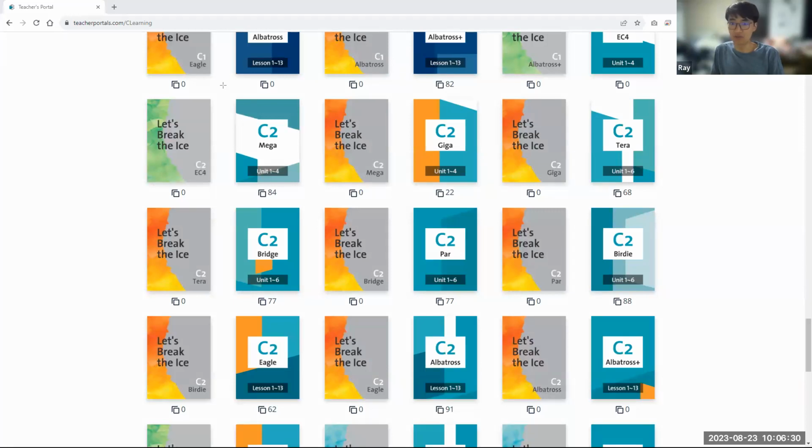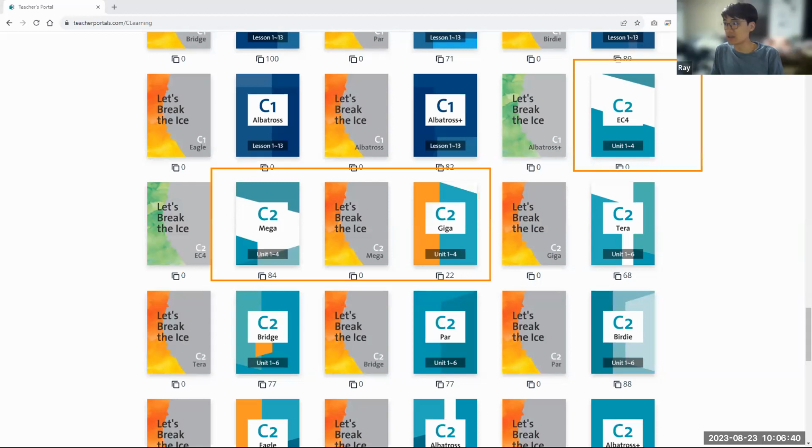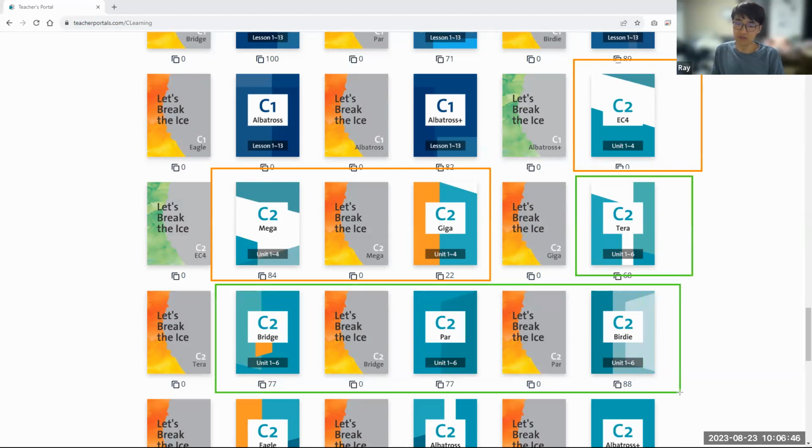Low levels with C2 are EC4, mega, and giga, identified as the orange. And then mid levels for C2 in the green are Terra, Bridge, Par, and Birdie.